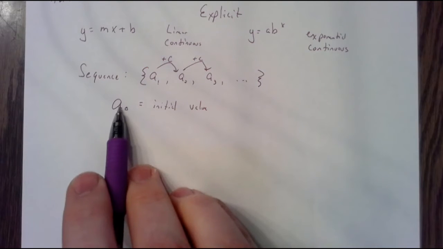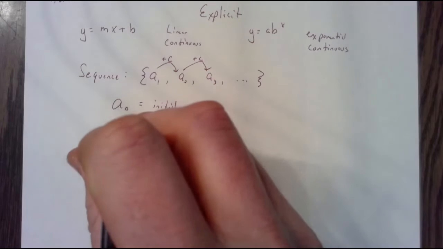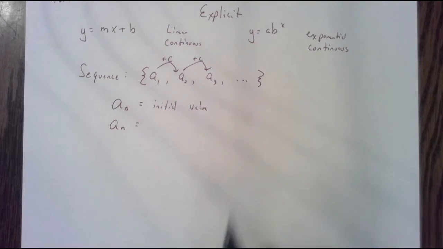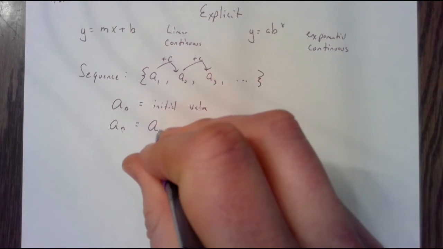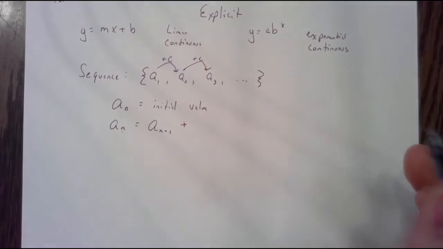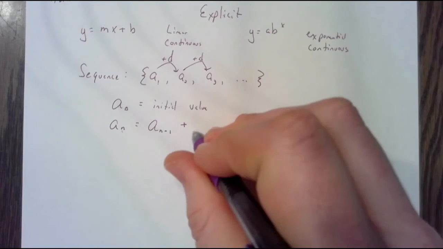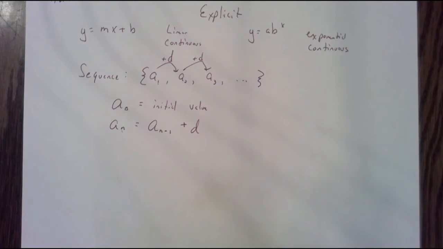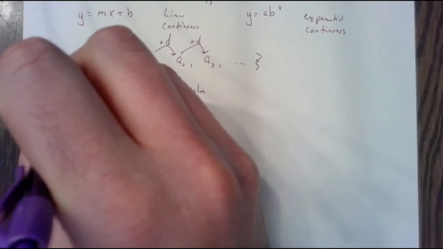So in this case, if we're adding C each time, A sub n will equal A sub n minus 1 plus C, right? And you know what, let's actually change this to a D, right? And we'll say plus D, where D is the difference between terms, okay? And this is how we define it recursively. So this is a recursive formula, okay? You define the first term, and you define how to move from the previous term to the next term, okay?